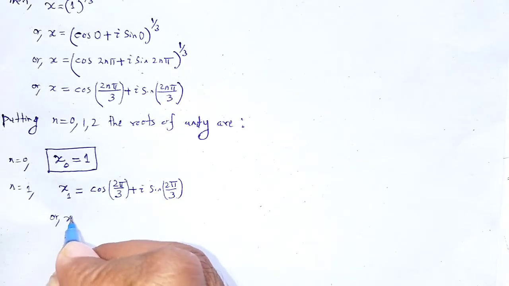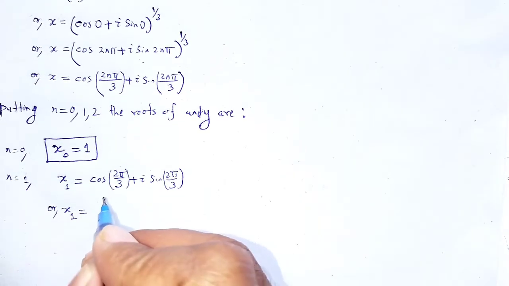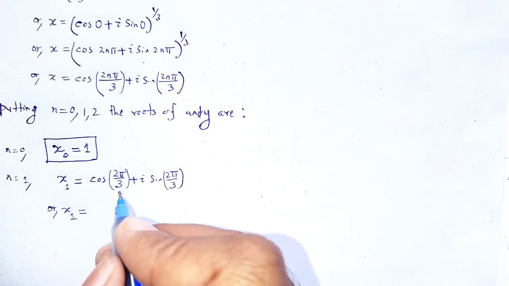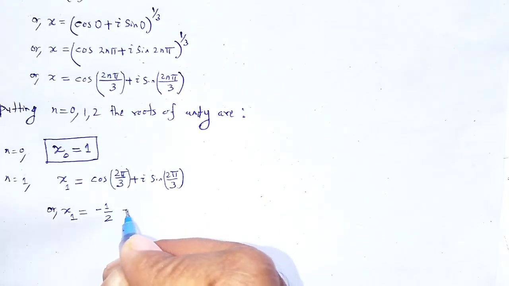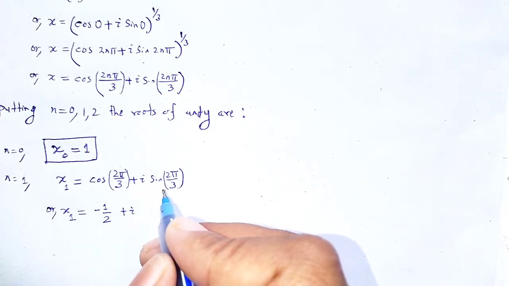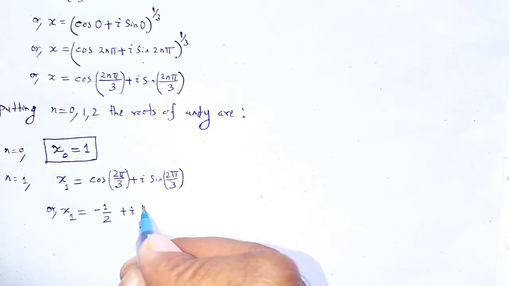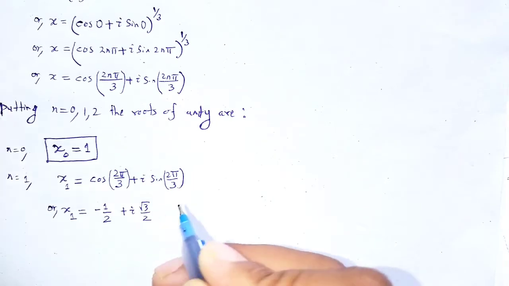Or x1 is equal to cos 2 pi by 3, meaning cos 120 degrees, that is minus half, plus I sin 120, that is root 3 by 2.